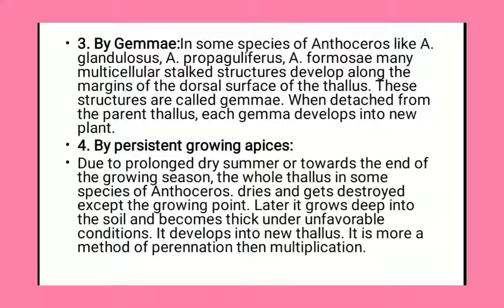Then gemmae. In some species of Anthoceros like Anthoceros glandulosus, Anthoceros propaguliferus and Anthoceros formosae, many multicellular stalked structures develop along the margin and dorsal surface of the thallus, and these structures are called gemmae. In some Anthoceros species, the dorsal or ventral surface is converted into gemma cup-like structures, and the gemmae develop further, and when detached from the parent thallus, each gemma develops into a new plant body.